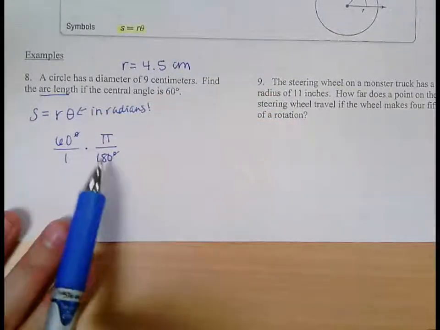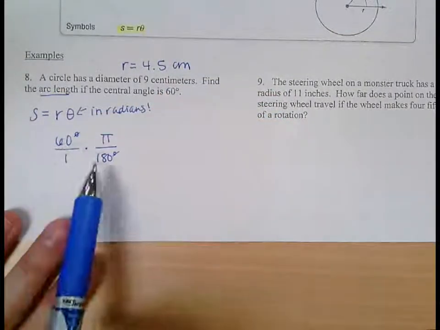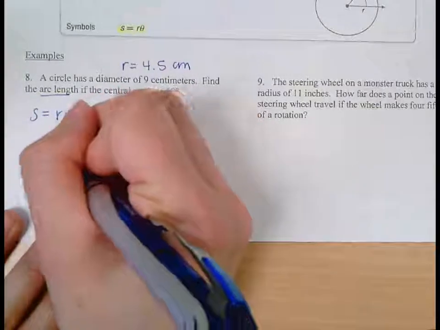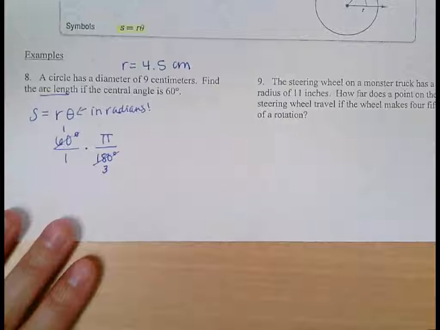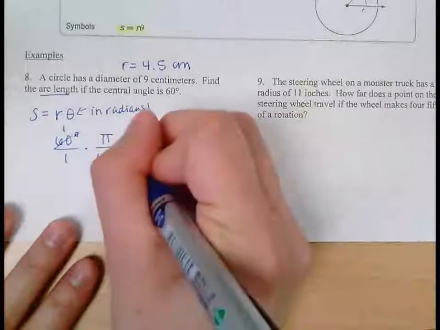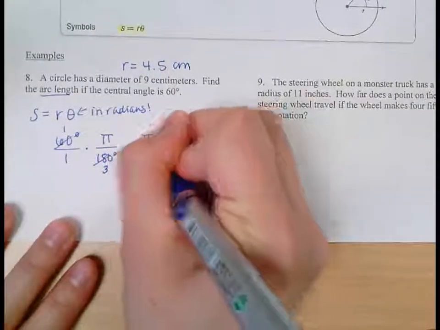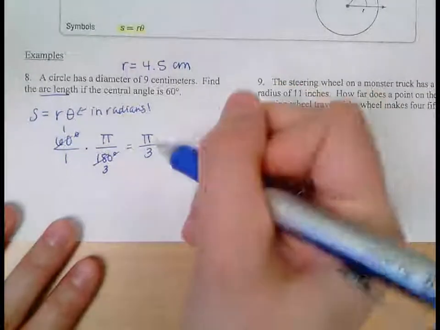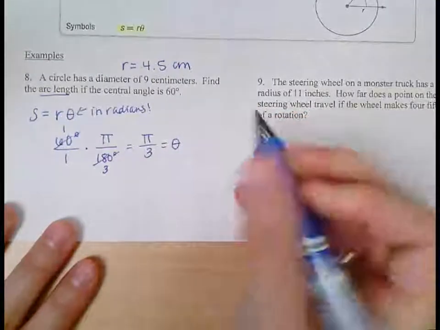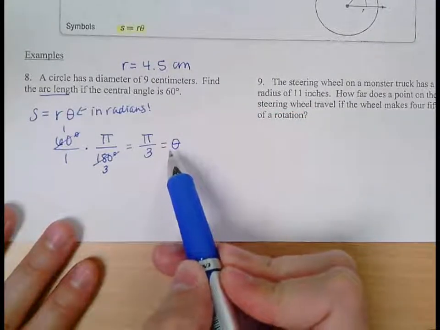And then I can cross simplify the 60 and 180, divide both by 60. So 60 becomes a 1, 180 divided by 60 is 3. And then multiplying across, we get pi over 3, or pi thirds. So pi thirds is our angle theta in radians.